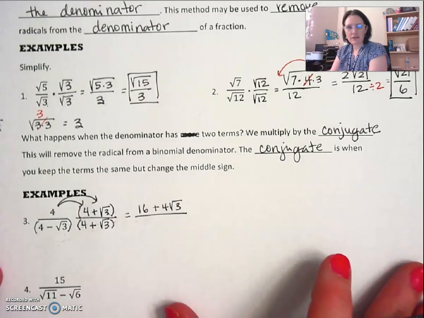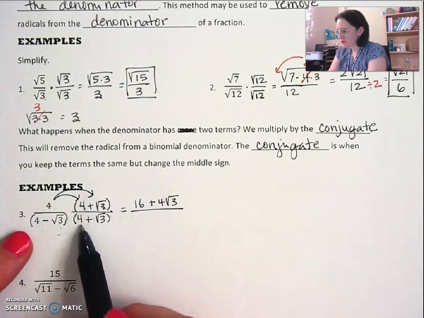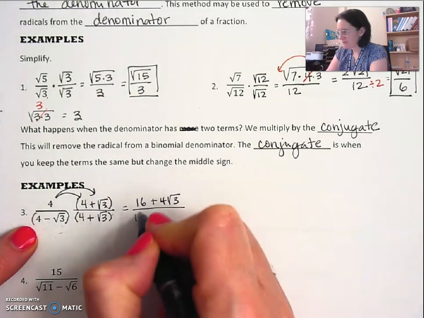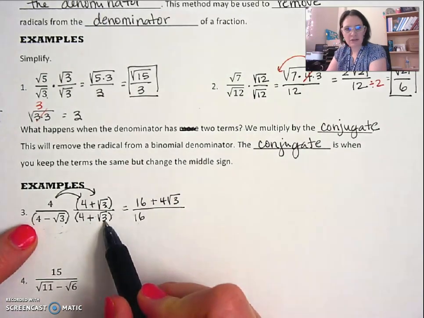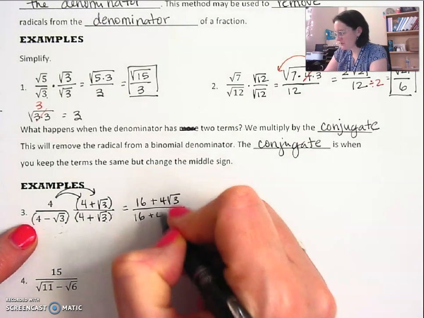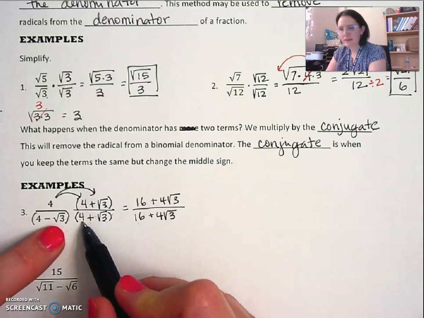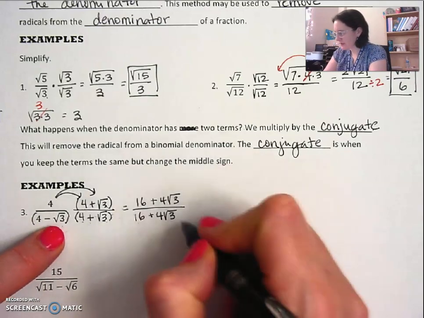Now in the denominator, I'm going to FOIL. The first terms are 4 times 4, which is 16. The outside terms are 4 times square root of 3, which is positive 4 square root of 3. The inside is minus 4 square root of 3.